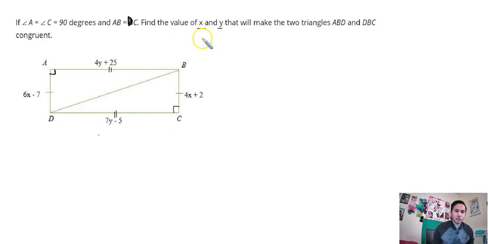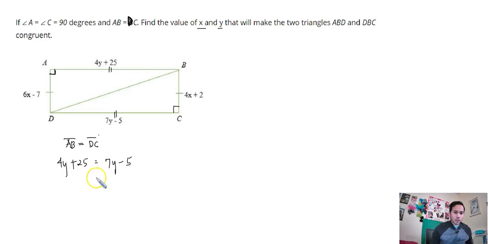So we have to find the values of x and y by setting an equation. So first is your y, which is side AB is equal to side DC. That will give us 4y plus 25 is equal to 7y minus 5.